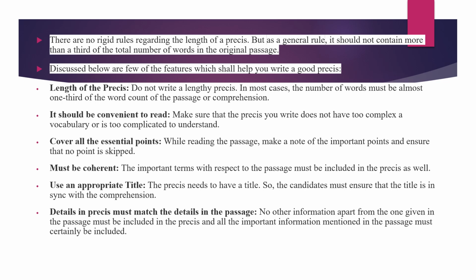The precis needs to have a title, so the candidates must ensure that the title is in sync with the comprehension. So details in the precis must match the details in the passage. No other information apart from the one given in the passage must be included in the precis, and all the important information mentioned in the passage must certainly be included.